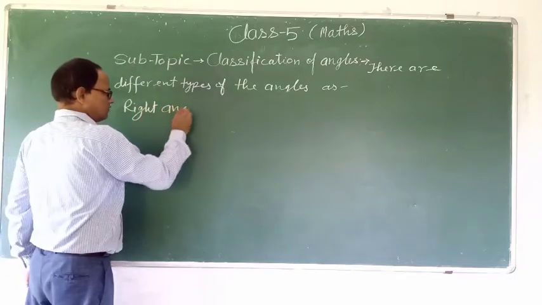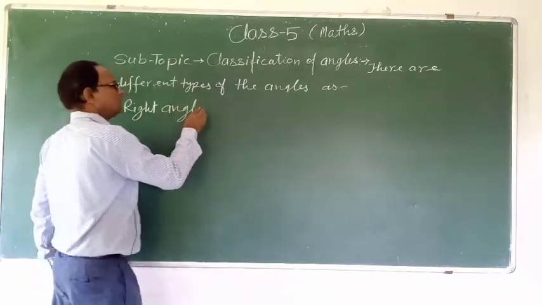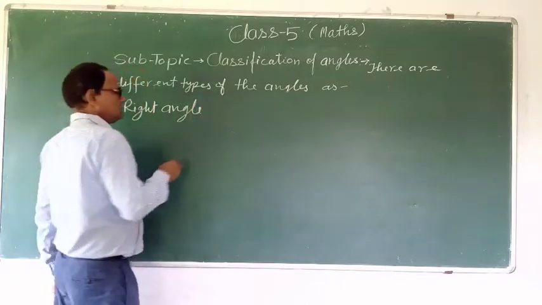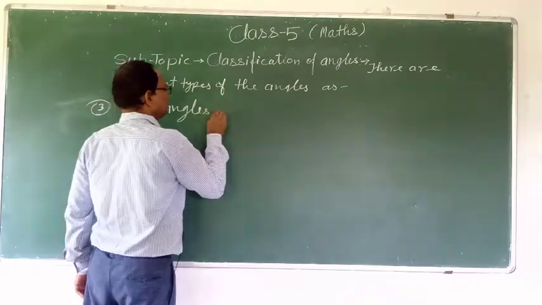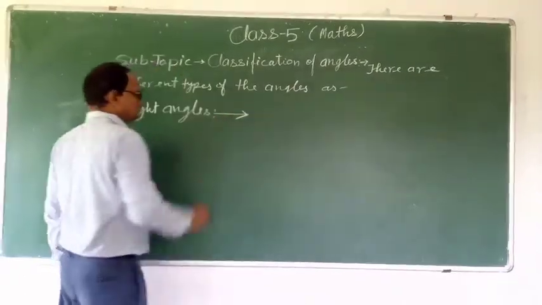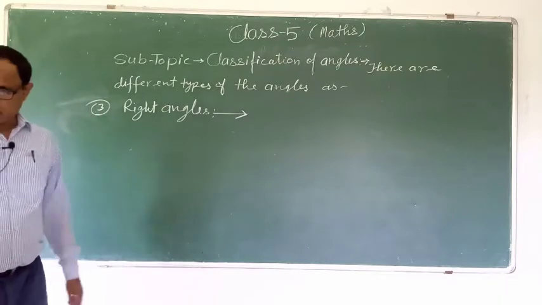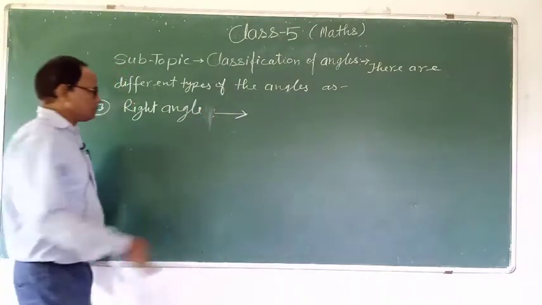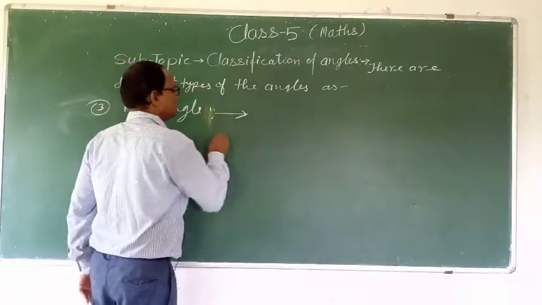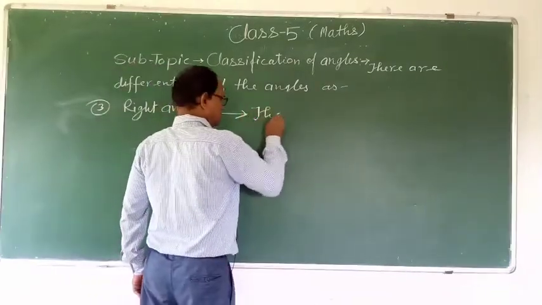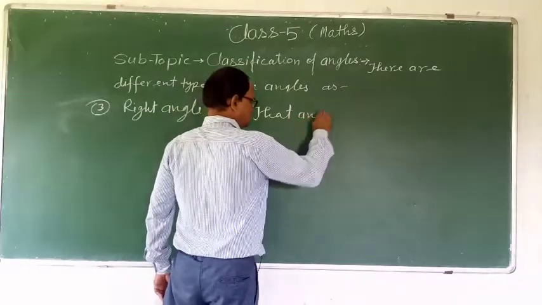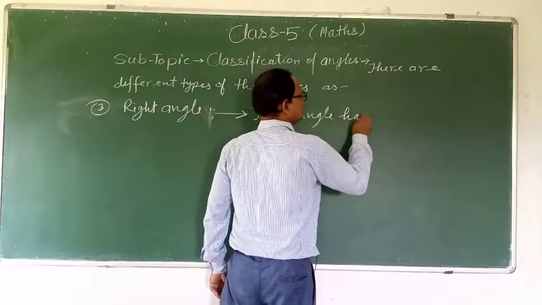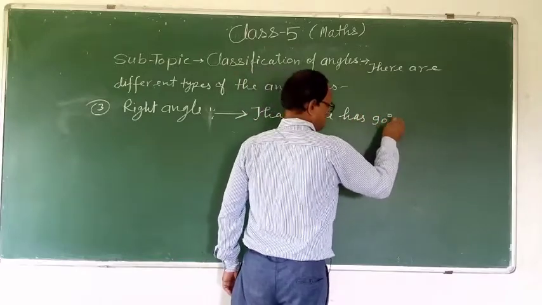A right angle is an angle that has 90 degree.